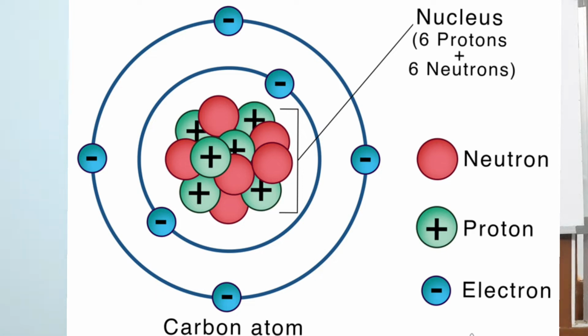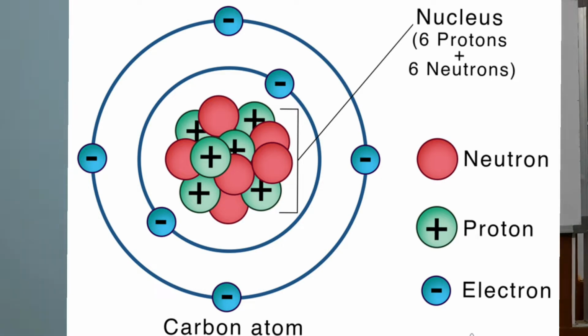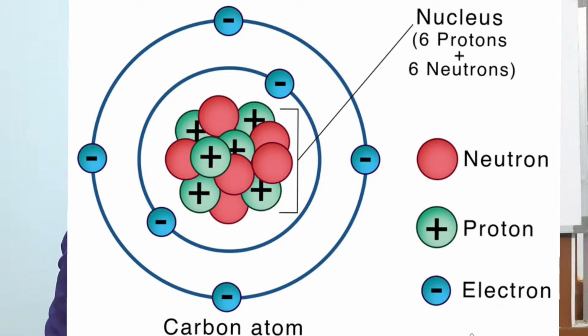Electron was discovered by J.J. Thomson and it is a negatively charged particle. Proton was discovered by Goldstein and it is a positively charged particle. Neutron was discovered by James Chadwick and it is a neutrally charged particle, means it has zero charge.